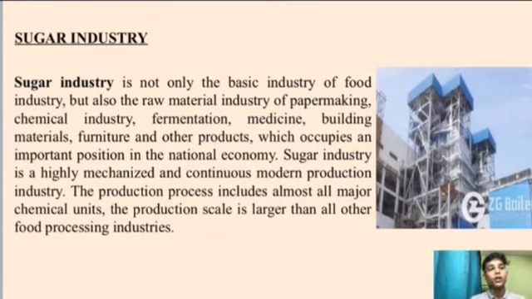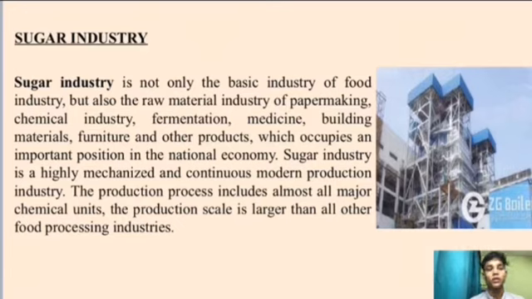Okay. Sugar industry. The sugar industry is not only the basic industry of the food industry, but also the raw material industry of paper making, chemical industry, fermentation, medicine, building material, furniture, and other products, which occupies an important position in the national economy.